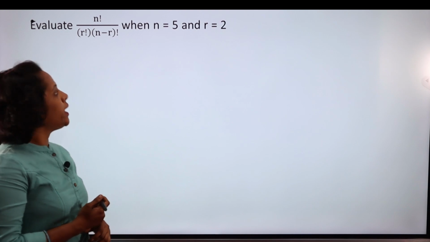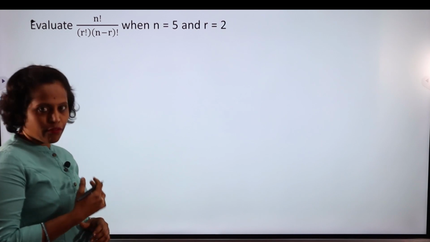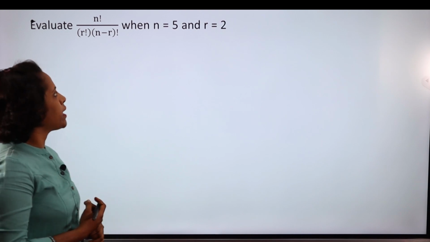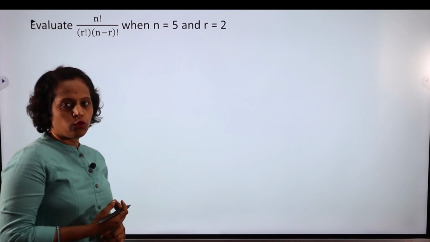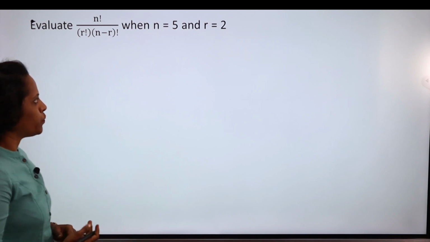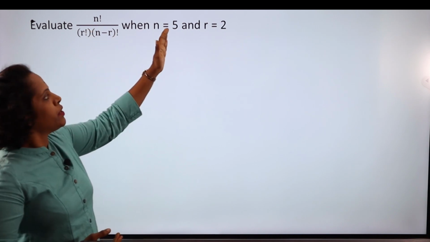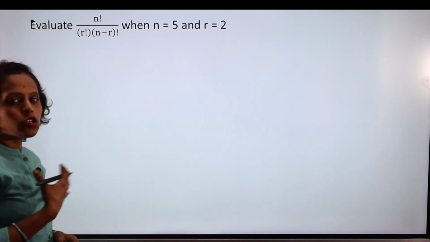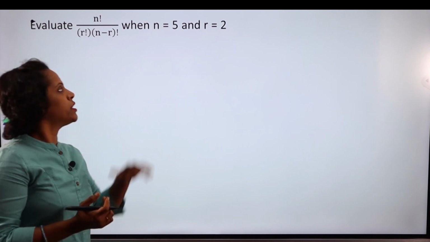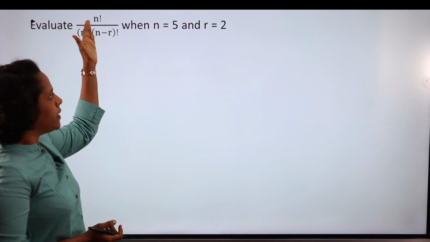Next one: evaluate n factorial by r factorial into n minus r factorial, when n is equal to 5 and r is equal to 2. Here we are given a term and the values of n and r. To solve this we just need to substitute the values of n and r in the term.